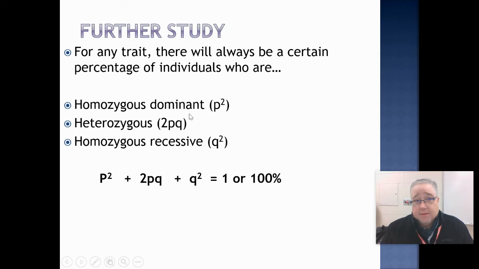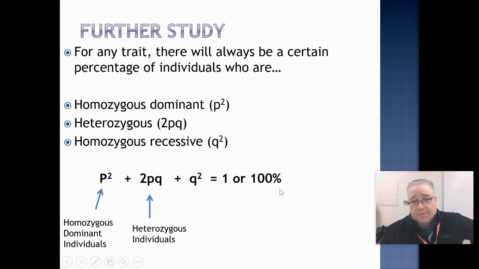Big B, big B. There's a certain percentage that are going to be heterozygous and a certain frequency that are going to be homozygous recessive. And according to this equation, if you add those frequencies up, you will get 1, or 100% if you're dealing with the percentages. So this Hardy-Weinberg equation is basically a breakdown of the population.